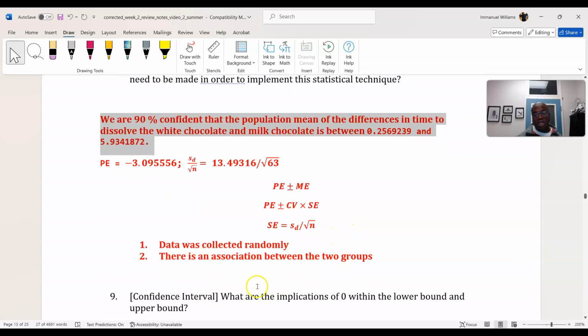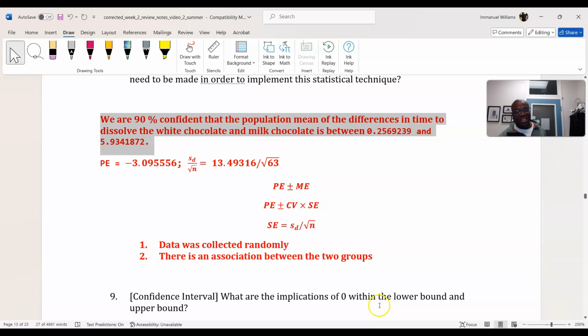And again, the implications of 0 being within the lower bound, upper bound are the same for paired t-test as it was for two independent population means. In that if 0 is within the lower bound, upper bound, it's indicative that it's plausible that there is no difference between the population mean of the differences.